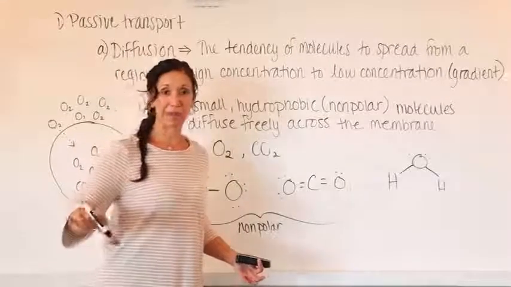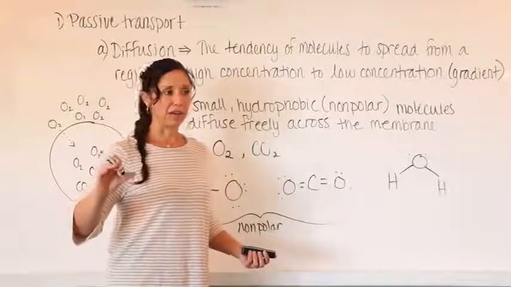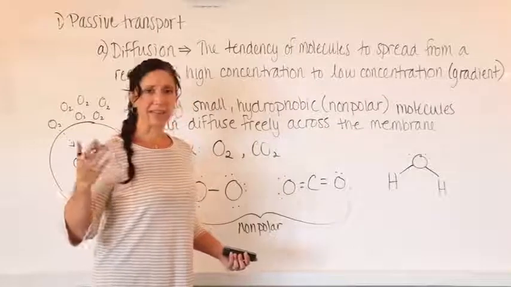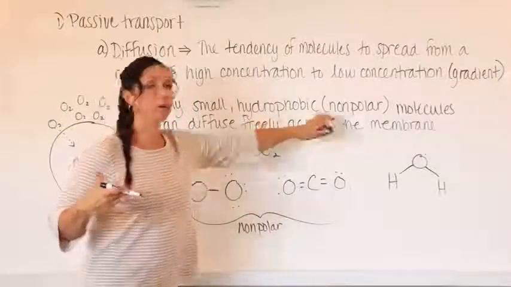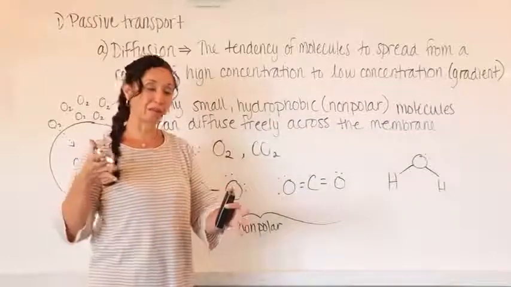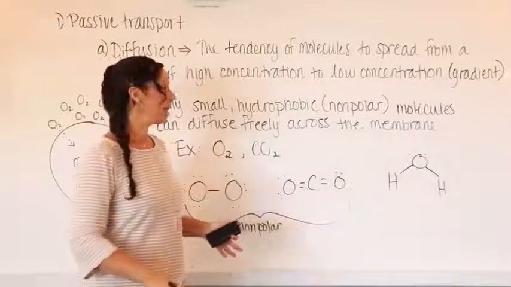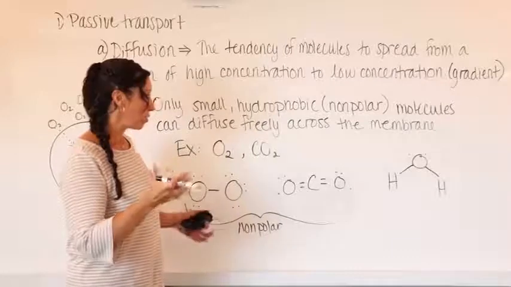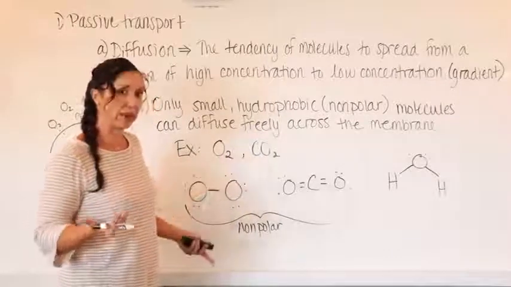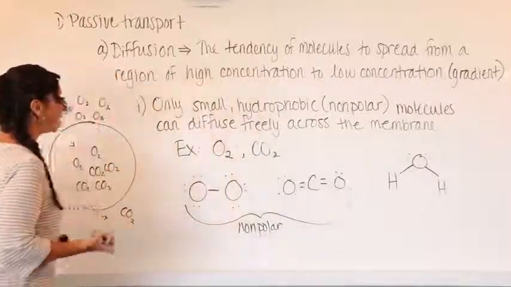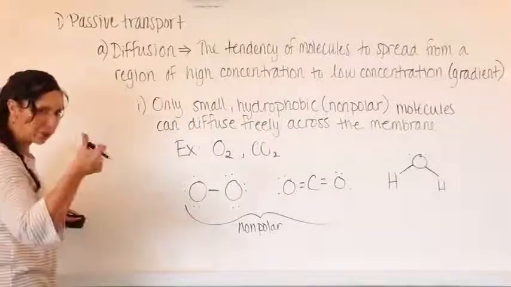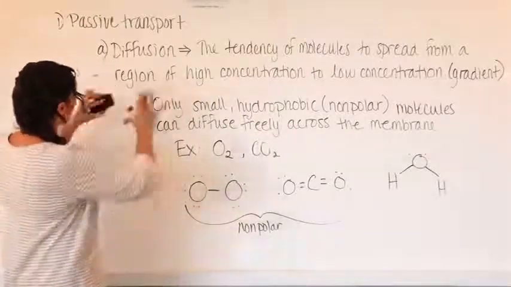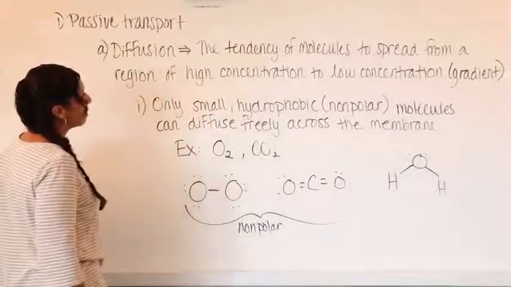If you have a carbon monoxide monitor at your home, or even methane, certain gases are very hydrophobic. They're non-polar in their shape, so they can easily pass through the membrane. But they gotta be small. When we're talking 3 or 4 atoms, it's really not that big. They could do it. So oxygen and carbon dioxide, good. Keep those going. So that's the first type of passive transport.